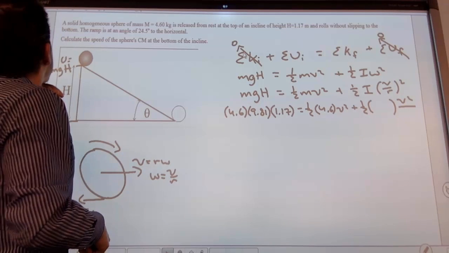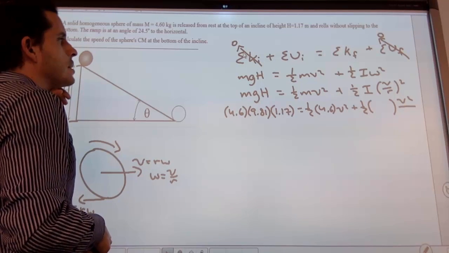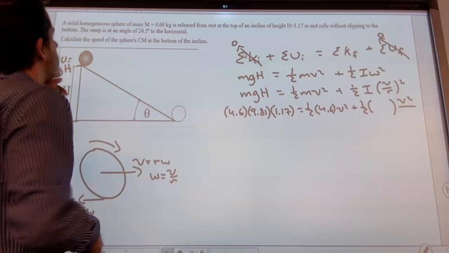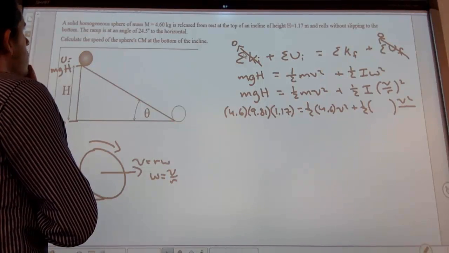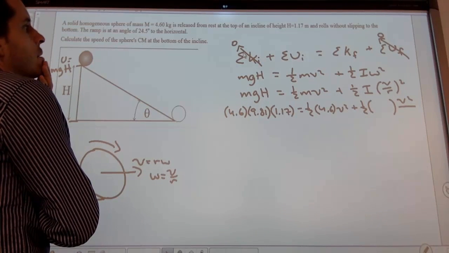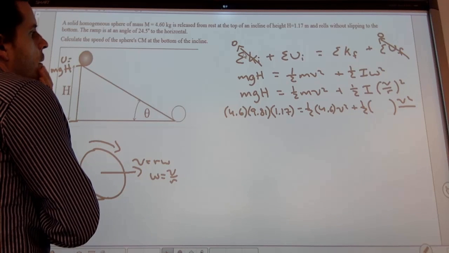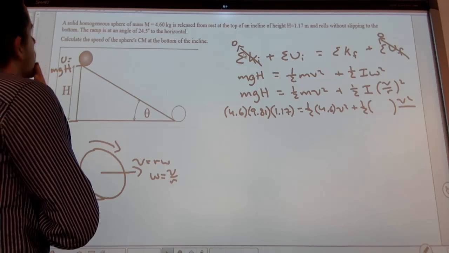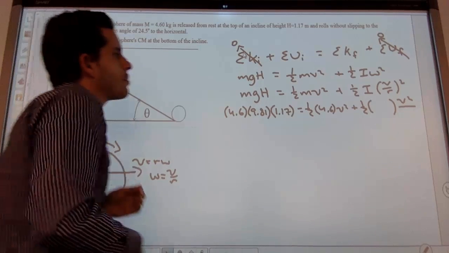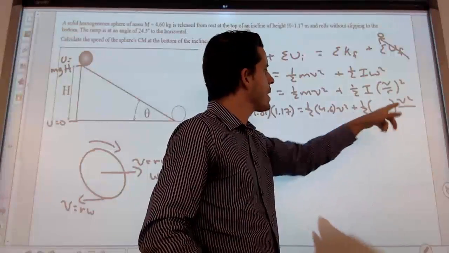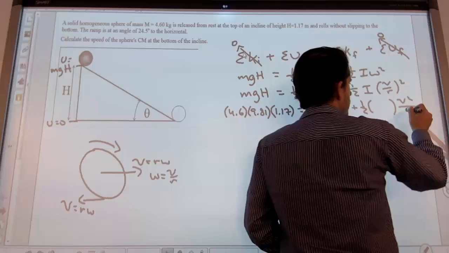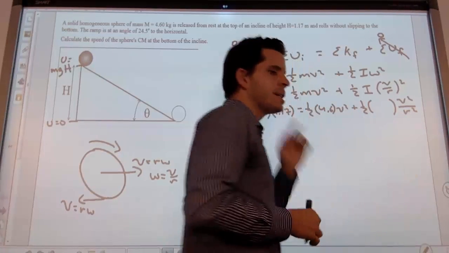No. Okay, the radius might cancel out. Let's see. Calculate the speed at the bottom of the incline. Okay, we're probably going to have to write I in terms of the radius, and it'll cancel, okay? So we'll leave the r squared. We'll leave it as an unknown.